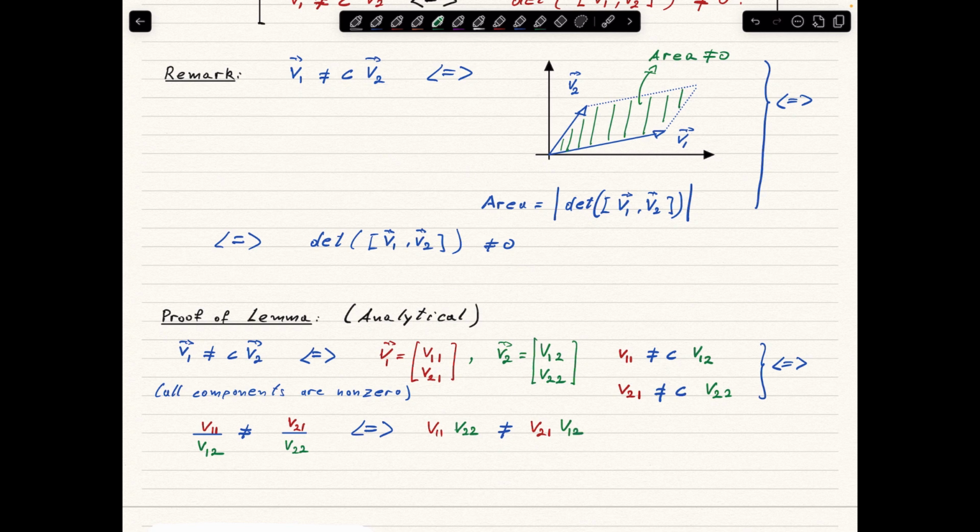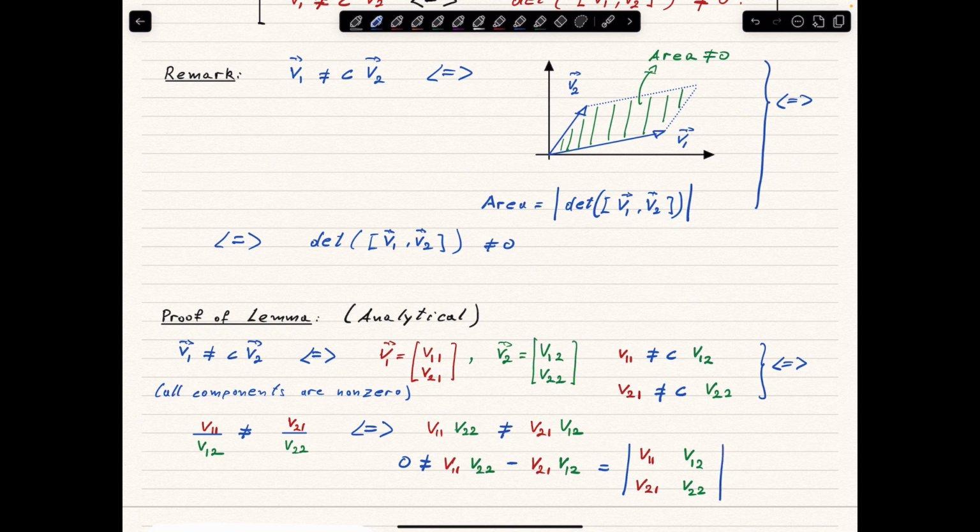So we can put everything on one side and say that V11 multiplied by V22 minus V21 multiplied by V12 is different from 0. But this is also equal to the determinant of a matrix that has V11 here and V21, and over here V12 and V22.